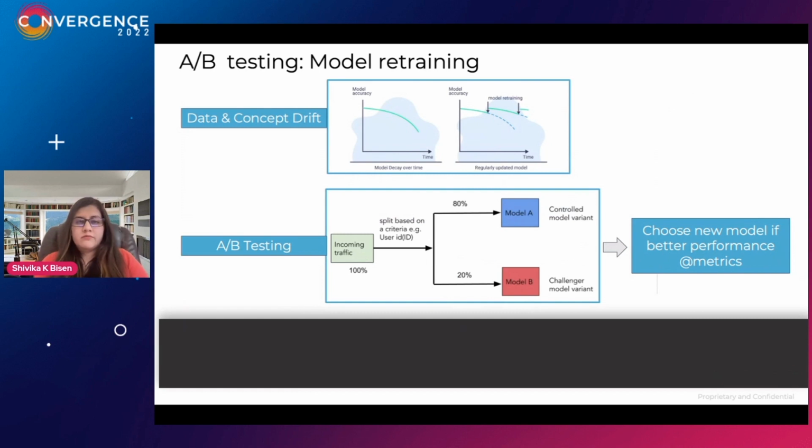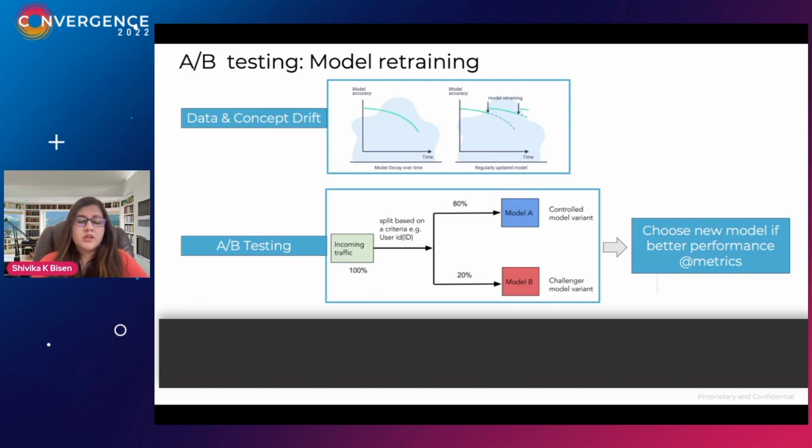Now that we've talked about the batch learning model, in it I gave you a very simple example of cat and dog, but in the real world, models are not that simple. Data changes over time, and you have to retrain your model every time, because the old training you did for your model may not be relevant after 2 months or 1 month, depending on the business case that you have.